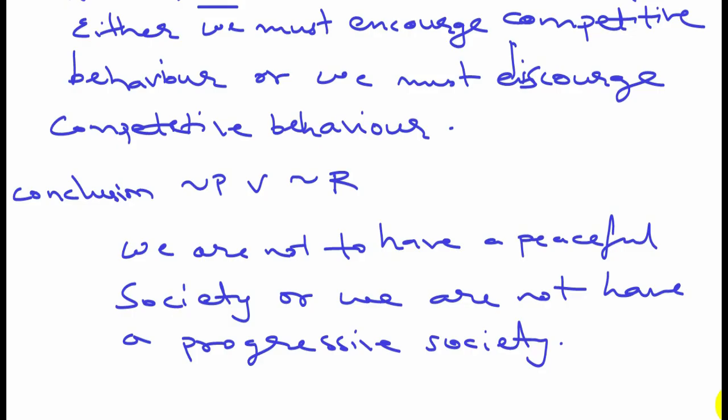This is exactly denying the consequence. It will be observed that the consequence in the major premise are negative. Therefore, while denying them in the minor premise, they will become affirmative.